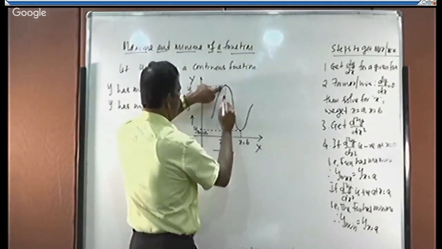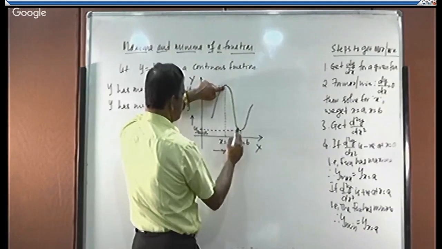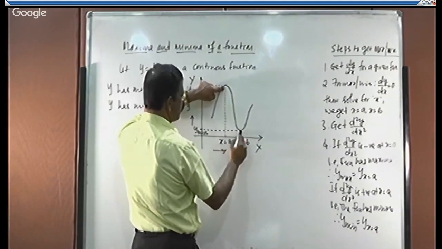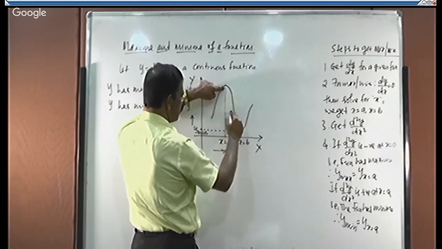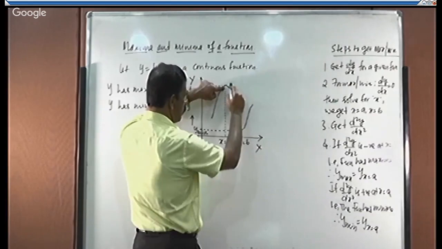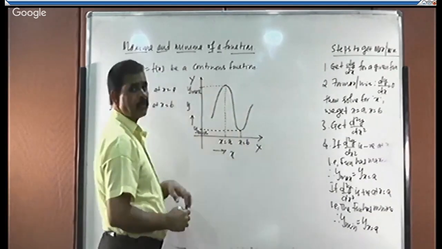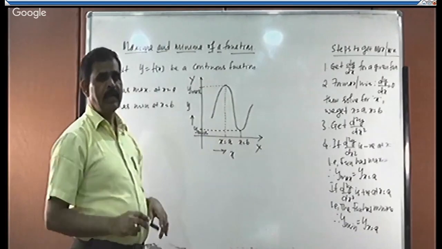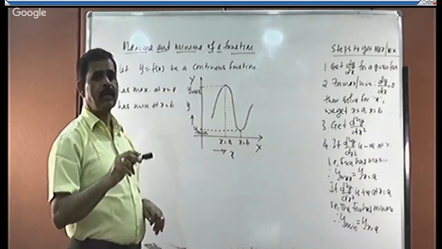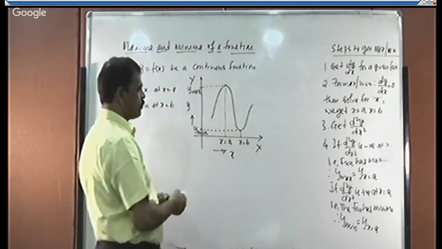Further, you see from here, a to b, as x is increasing, y is decreasing. That portion is said to be a decreasing function. Decreasing means y decreases as x increases.